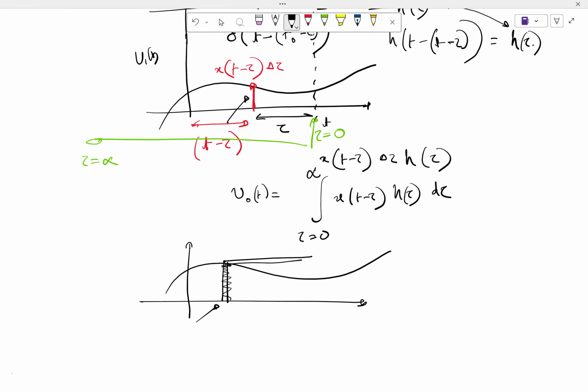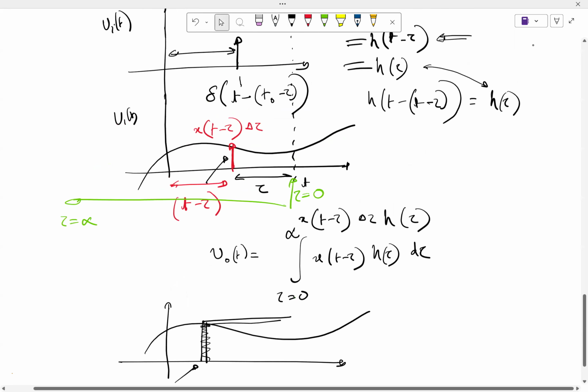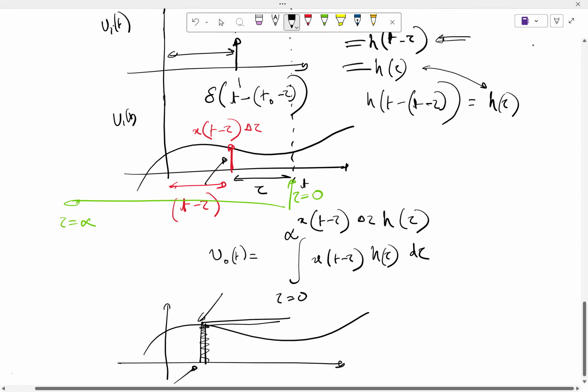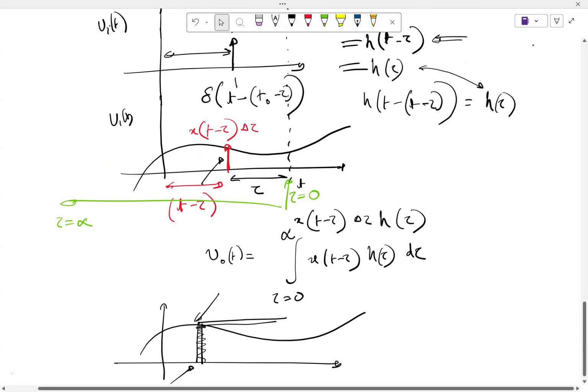We subtracted, and then took the limit as tau tends to 0. So we ended up with an impulse. And what was the height of the impulse? The height of the impulse was the value here times the width of the sliver, delta tau. So instead of deriving the same thing again, I took the value of the function at that particular point and multiplied it with delta tau. Okay. Yes.